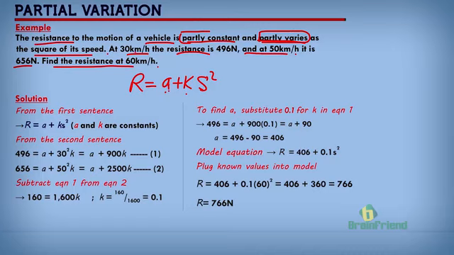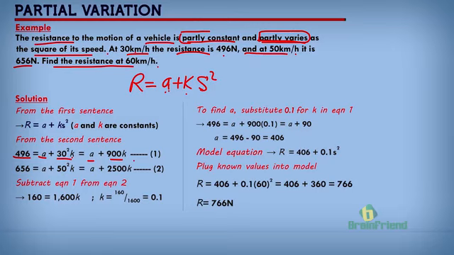We have 30 kilometers per hour as the speed given to us, and the resistance as 496 newtons. So we say 496 newtons is A plus 30, which is the speed, squared, times K, which is our constant. 30 squared is 900, so we have 496 is A plus 900K.